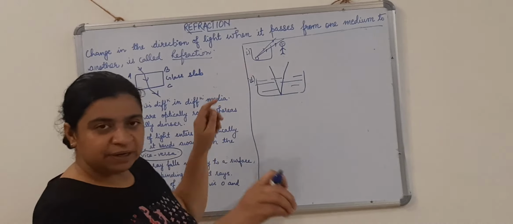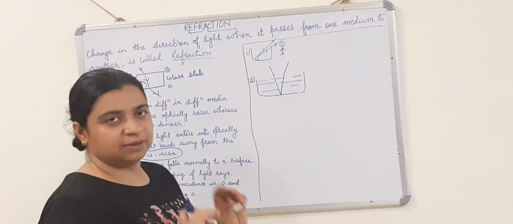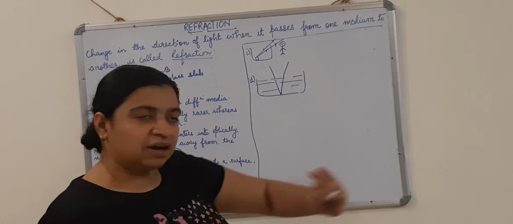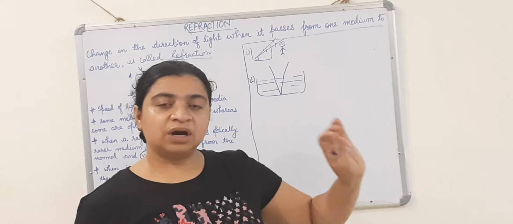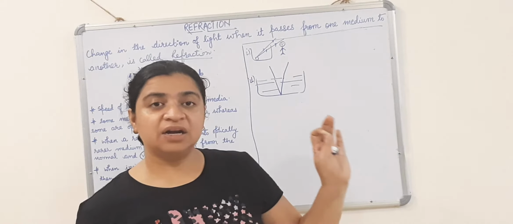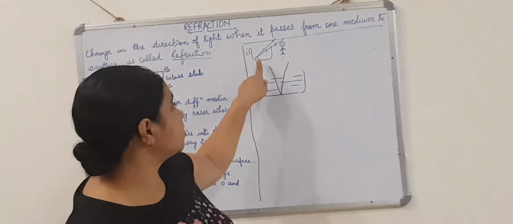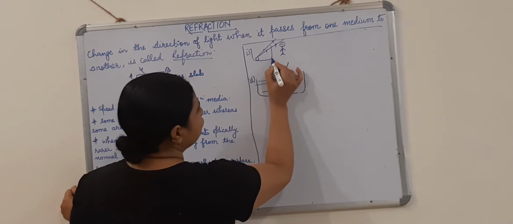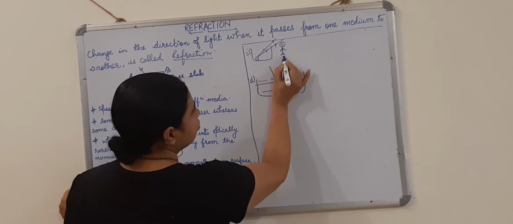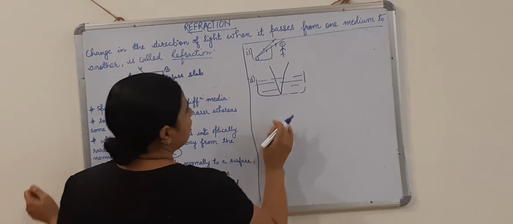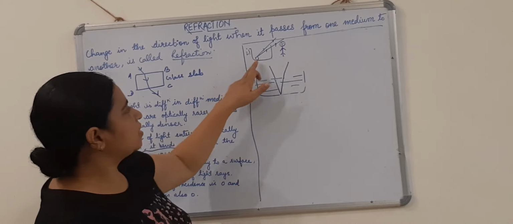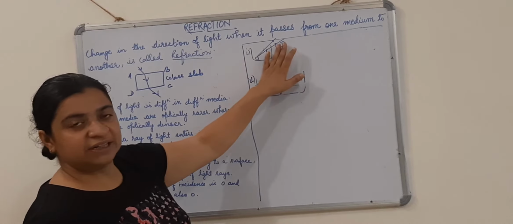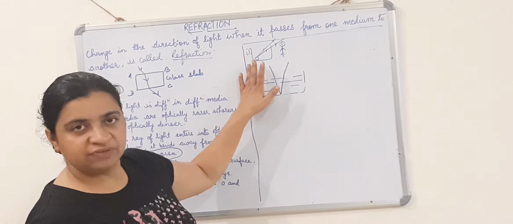Now just move away from the tumbler, up to the point from where the coin is no longer visible to you. Earlier you were here, now you have gone here, and you have reached this position from where you cannot see the coin. I have drawn the light rays and they are not entering the eyes. That means the coin is not visible.